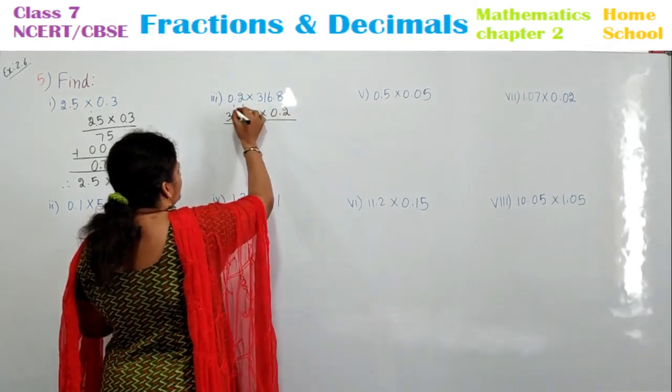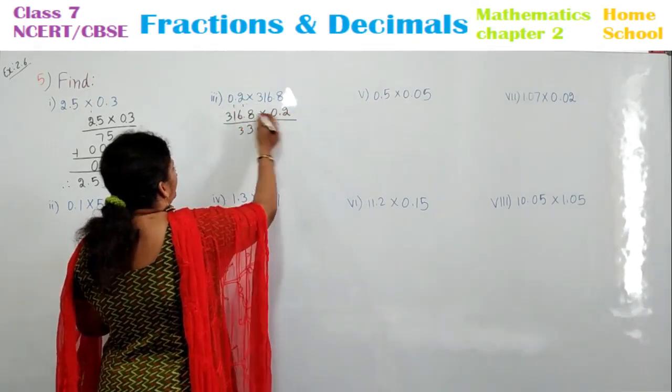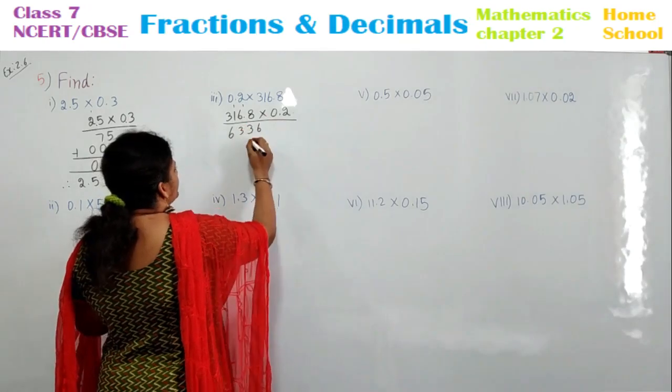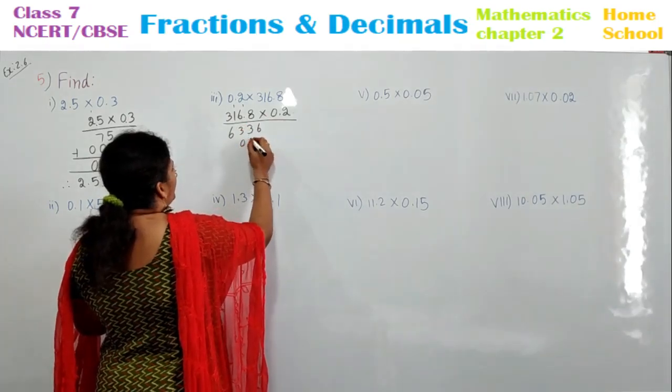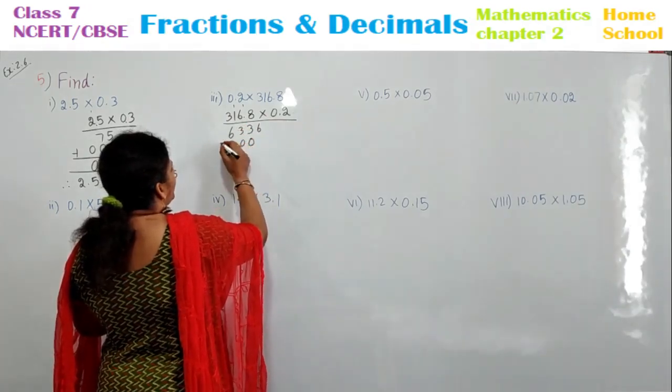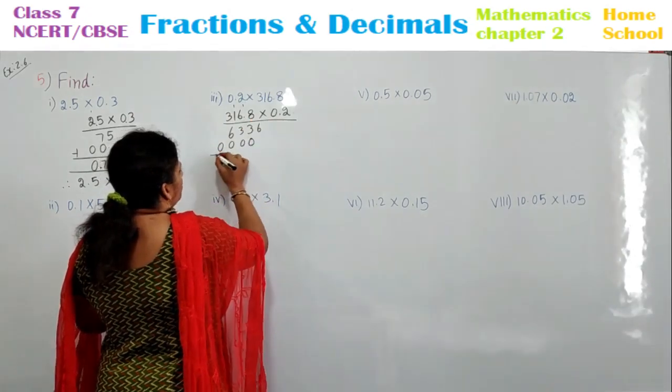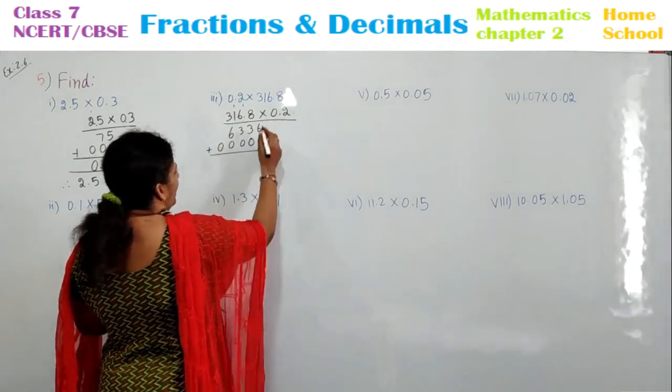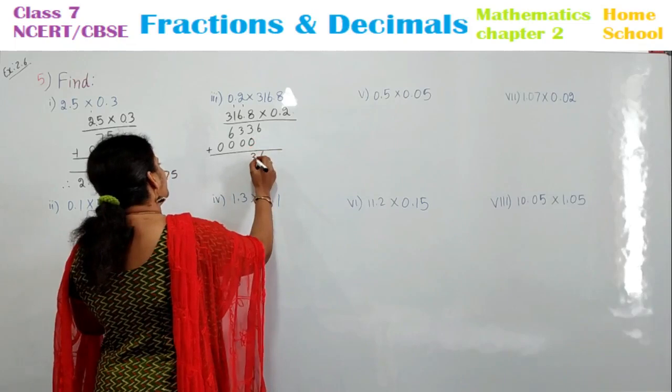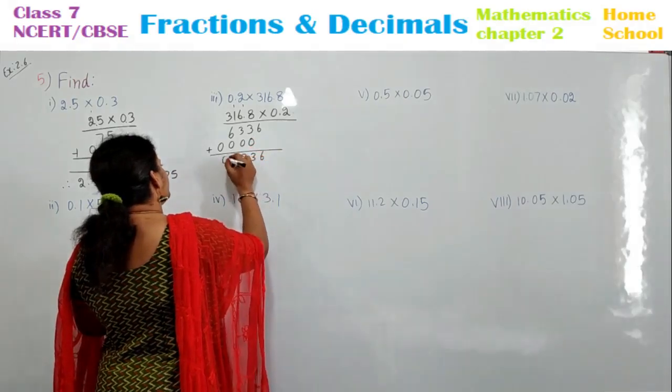And again 2 1s are 2, 2 plus 1, 3. 2 3s are 6. 0 into anything is 0, right? But I take 4 numbers you have here. 4 zeros I'll take. Add these, children. 6, 3, 3, 6, 0.